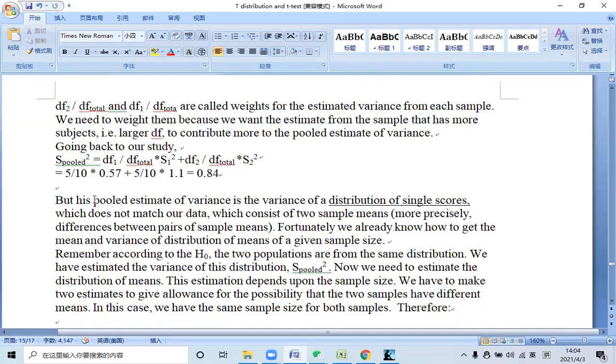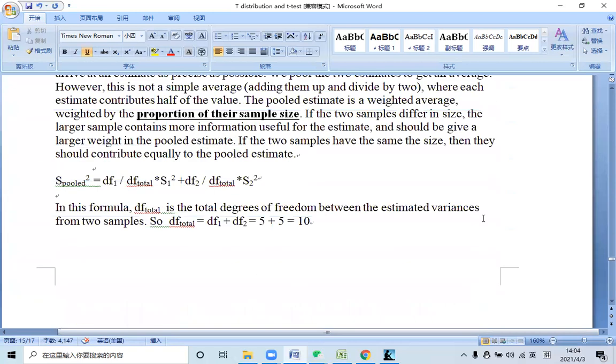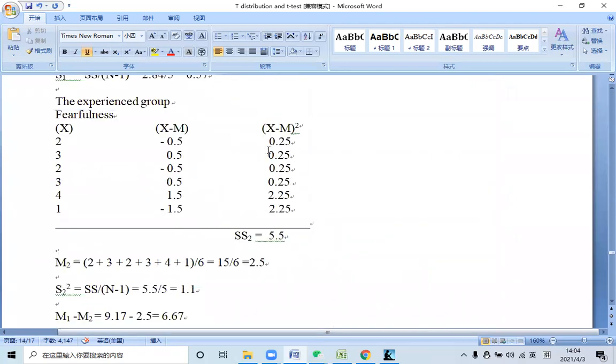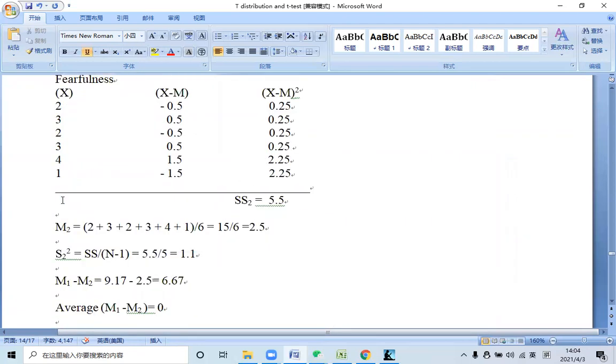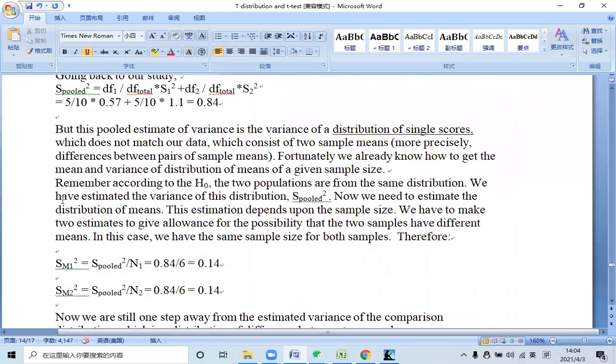Now, this is not what we're going to use for calculating the t-score. This pooled estimate is the variance of the distribution of single scores. We got these estimates based on single scores, 1, 2, 3, 4, 5, 6. This is not what we're going to use. It doesn't match the data we're using.